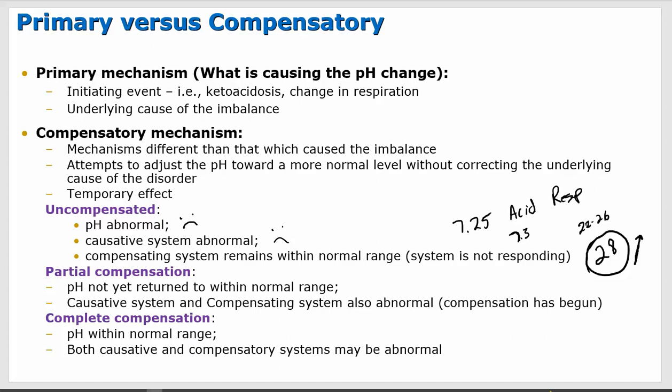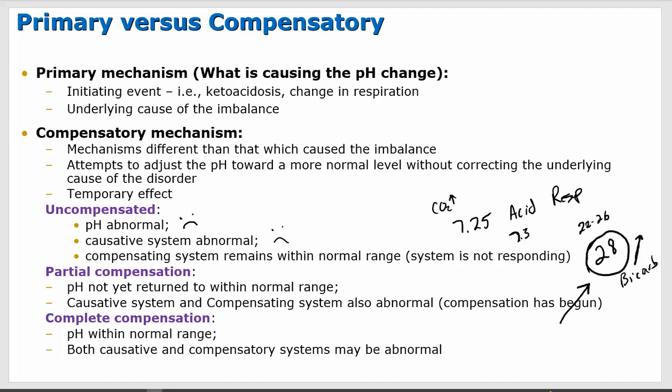So this is acidic, from high carbon dioxide. My carbon dioxide levels are high, but now my bicarb levels are also high. I'm getting there. I've got partial compensation. My pH is still out of range, not yet returned to normal, but I can see from my ABG, my blood gases, that my bicarb is fixing the problem.